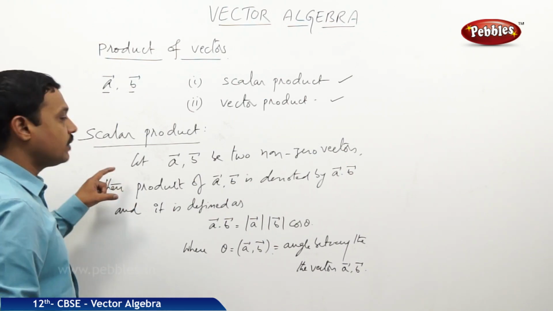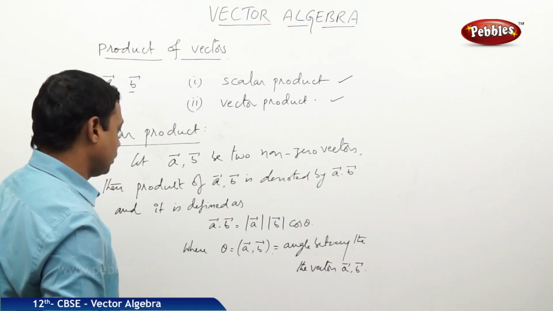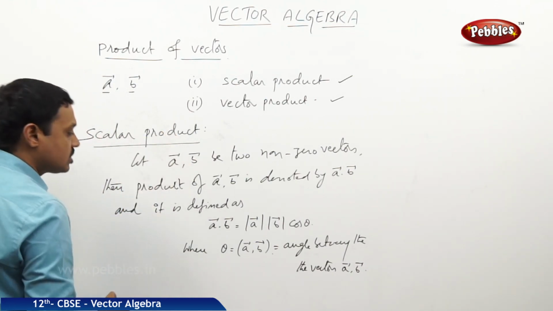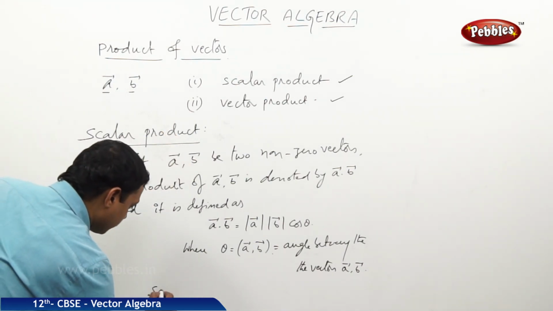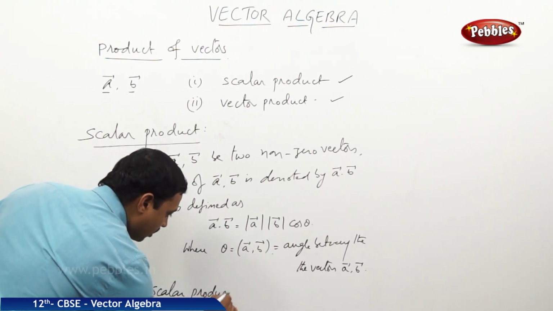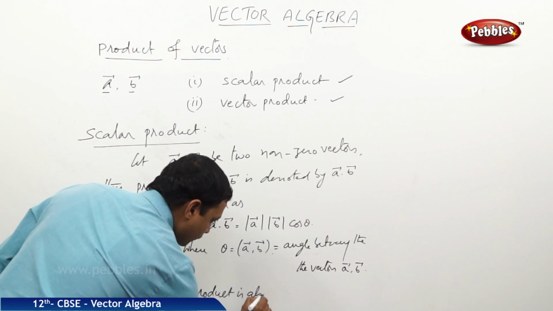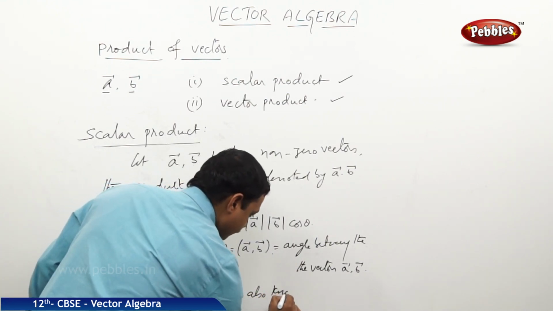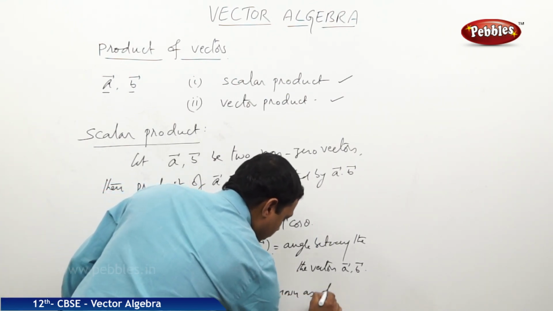Now this is the definition of a scalar product. This scalar product is also known as dot product.